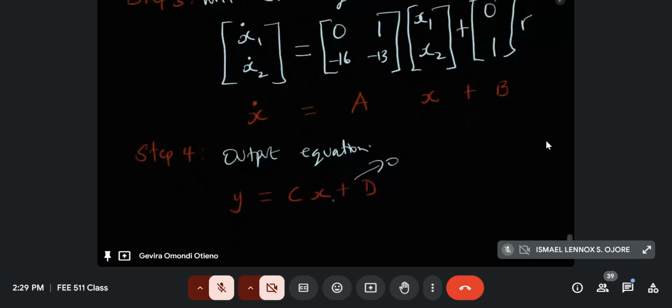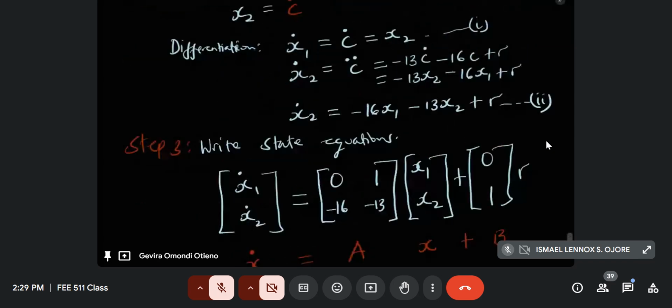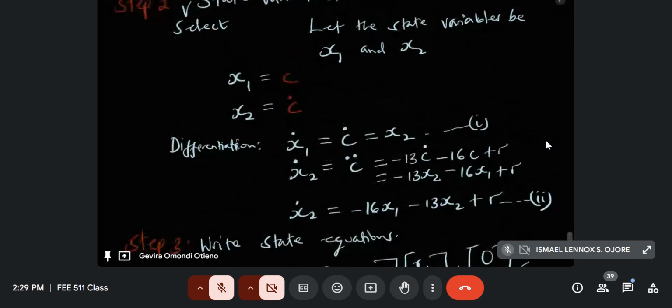So we need to write something in terms of Y equals the output matrix, and then of course the X1 and X2 are included. So in our case, you simply come back to your equation here and see what we had written.